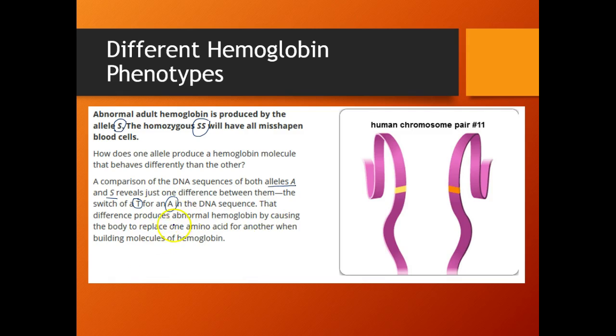And because of that switch, it causes for a different amino acid, which remember, if we have amino acids linked together, right? That's a protein. So what happens is that change in just one nucleotide causes a different amino acid to link in, which causes the hemoglobin to not be normal.